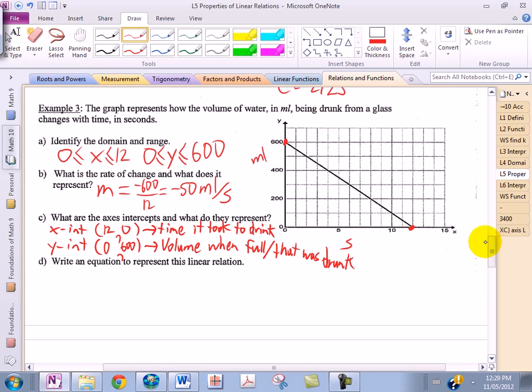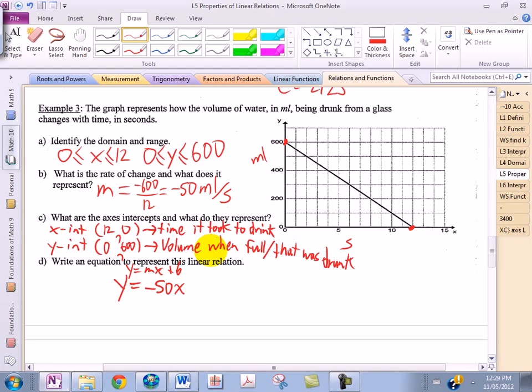Good. Now write an equation to represent this linear function. This is super easy. Y equals mx plus b. Go for it. You have all the numbers. We just talked about them. Look on your graph if you want. So you should get negative 50x. We just looked at that. Rate of change.